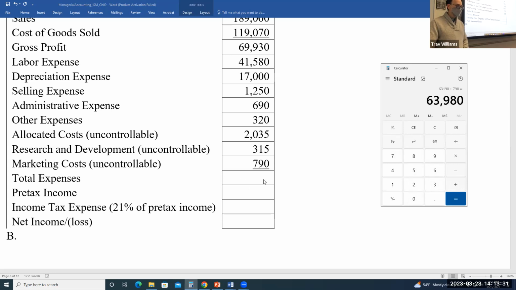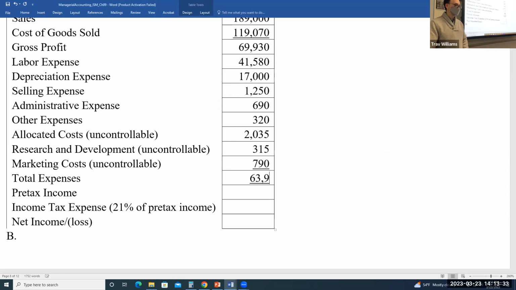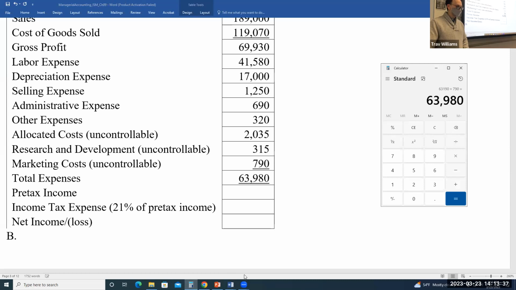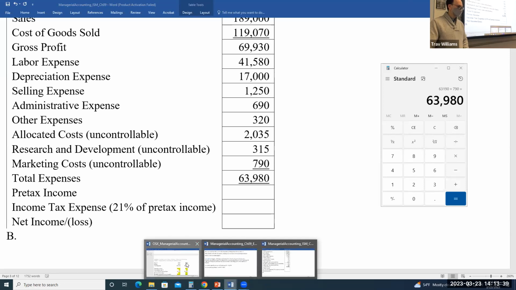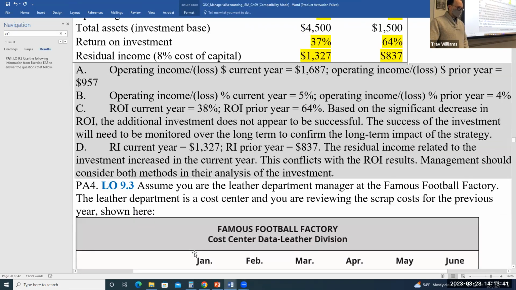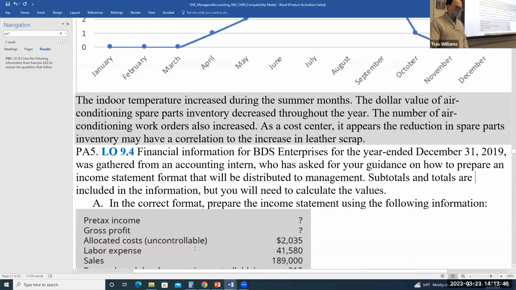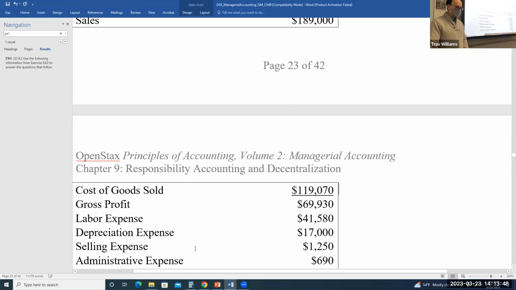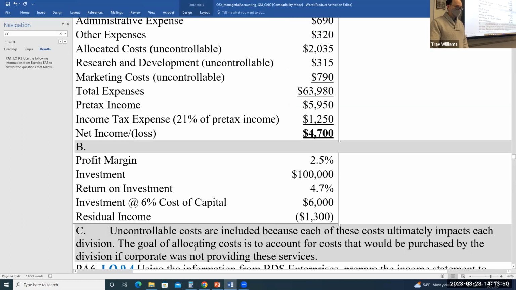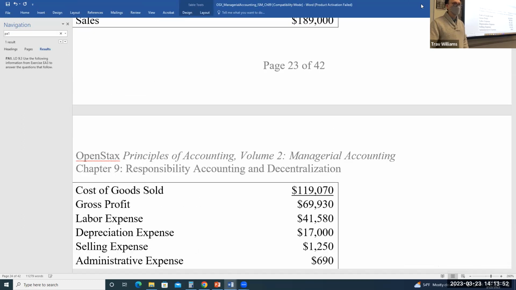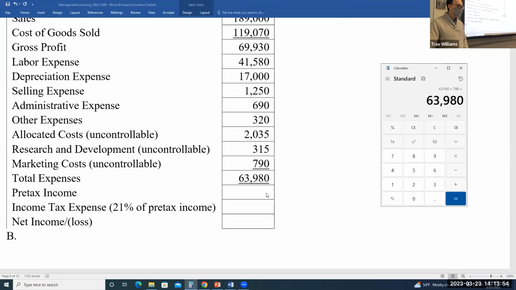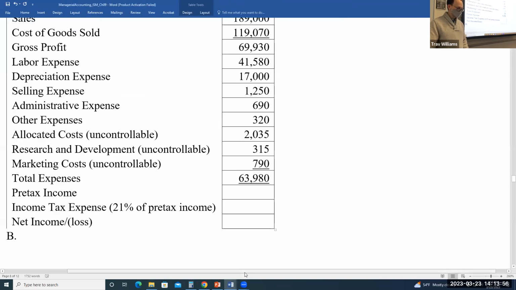I got 63,980. That sound right? Check it. Yep, 63,980. Okay. And then how do we get pre-tax income?